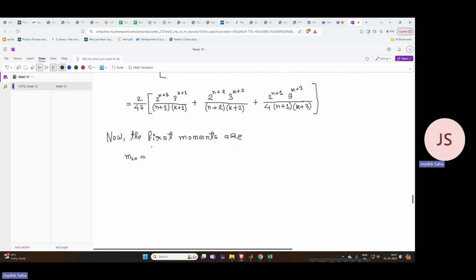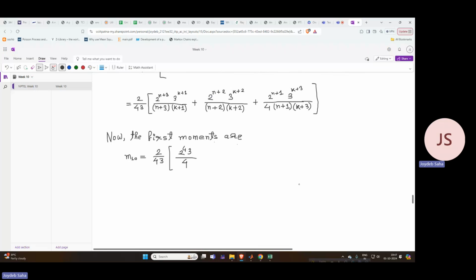M10 means n is equal to 1 and k is equal to 0. So we can write it as 2 upon 43, 2 to the power 4 and 3 to the power 1, divided by 4 cross 1, that is nothing but 4.